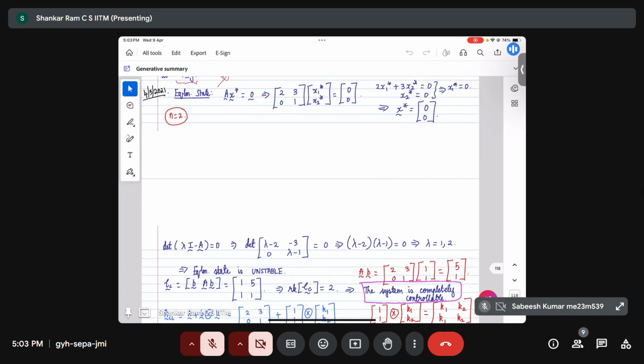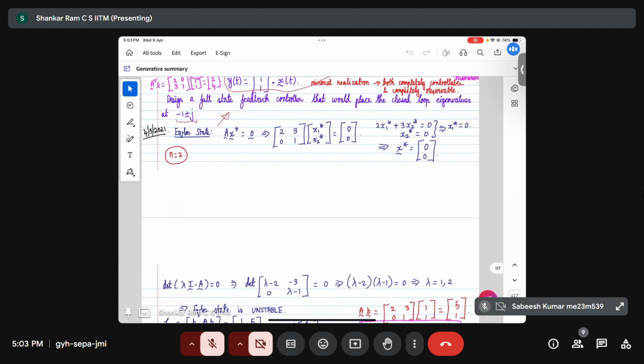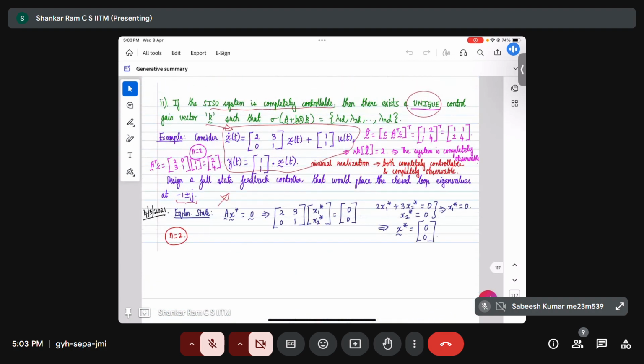And we wanted to find the value of the control gain K such that we got closed loop stability, right? In other words, we want to place the eigenvalues of the closed loop state matrix at the desired location. Okay, so that's what we want to do.